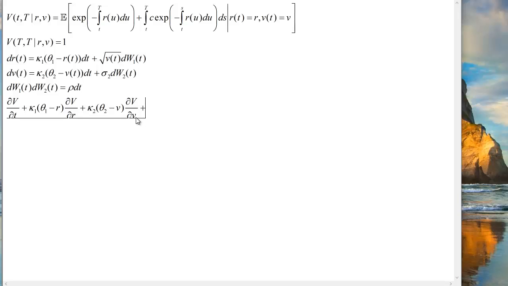Now we process the second order partials. So we have 1/2 times this term squared, which means just V, times the second order partial of V with respect to R plus, again copy paste.